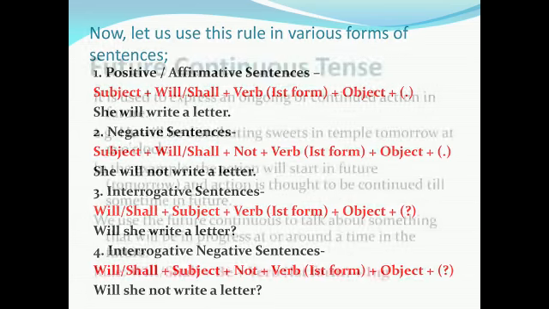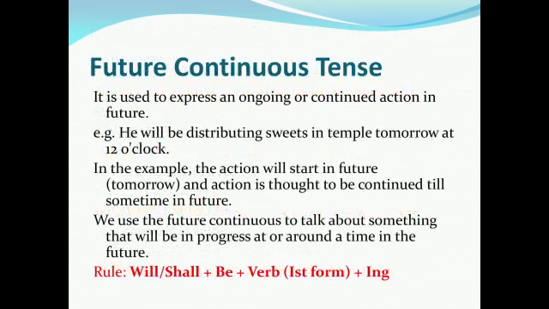Coming to the future continuous tense. When I say future continuous tense, it is used to express an ongoing or continued action in future. Example, he will be distributing sweets in temple tomorrow at 12 o'clock.